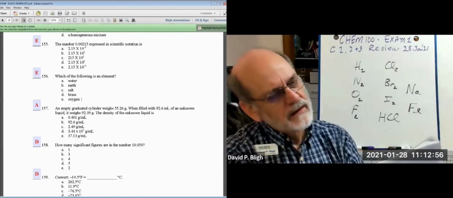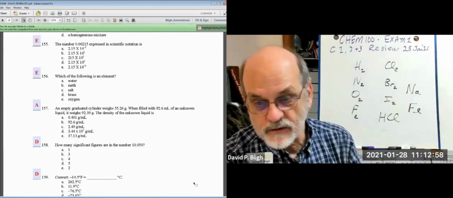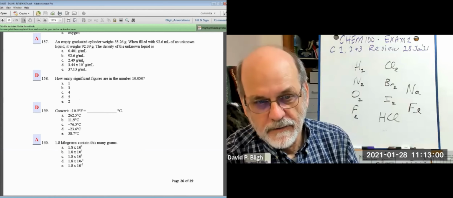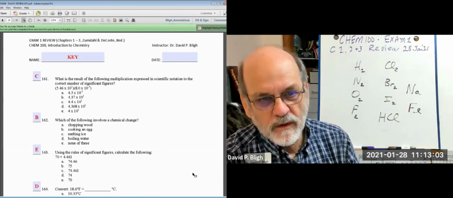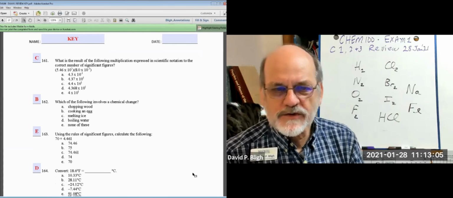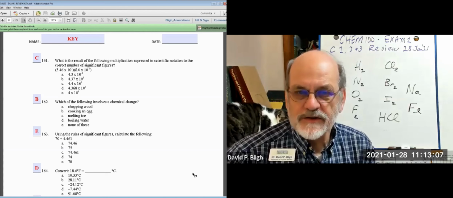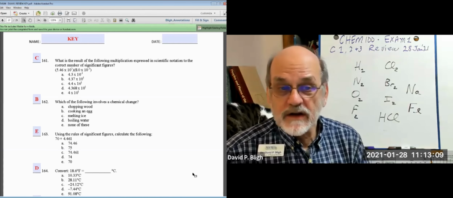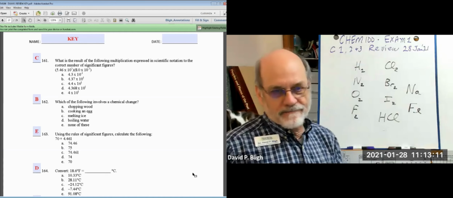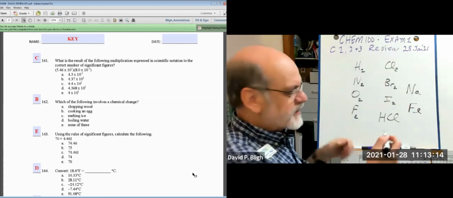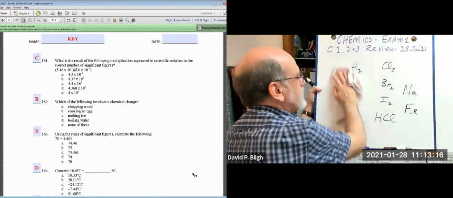Okay, let's see. 161 is the next one I'm interested in. Down one more. There we go. What's the result of the following multiplication expressed in scientific notation to the correct number of significant figures? Okay, here we go. 161. This deserves some comment.